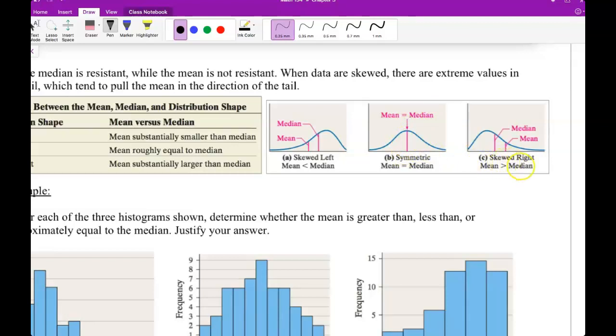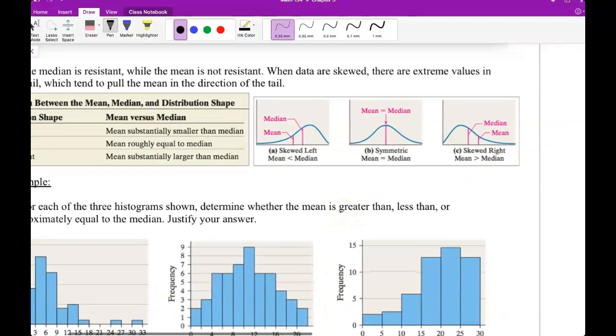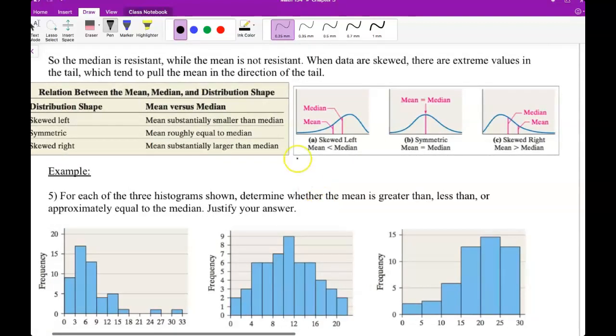And when it's skewed right, this is the average, and now the mean is greater than the median. So you only need to remember these: this one for skewed left, this one for skewed right, and this is obviously equal.